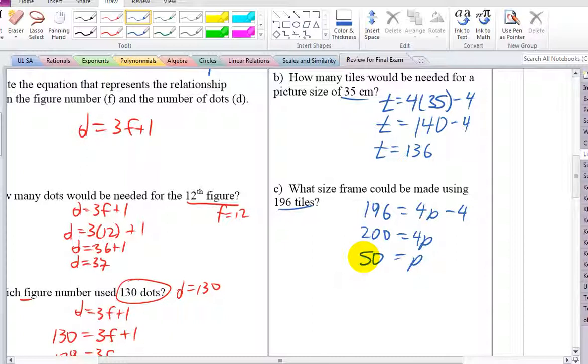Okay, so for B, 136 tiles. For C, 50 centimeter size picture. Okay, so you're working backwards. Any questions with those two?